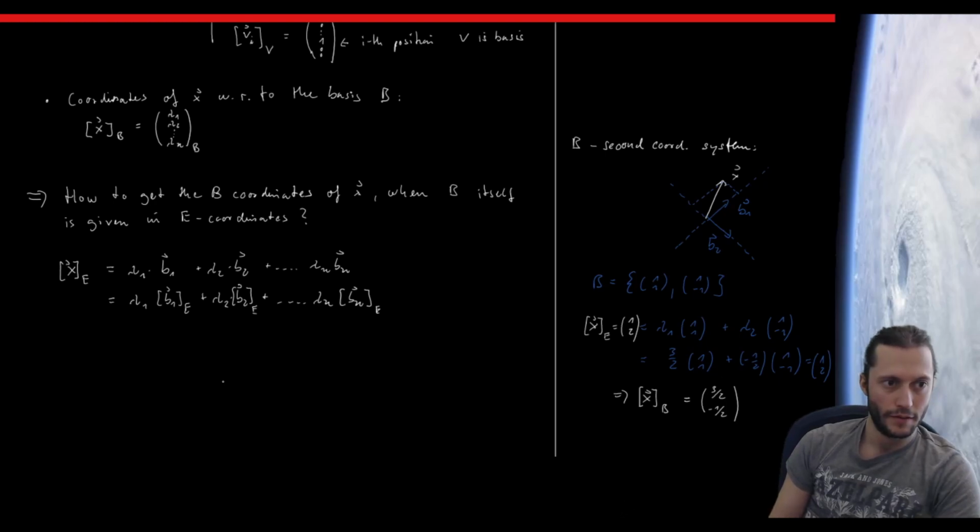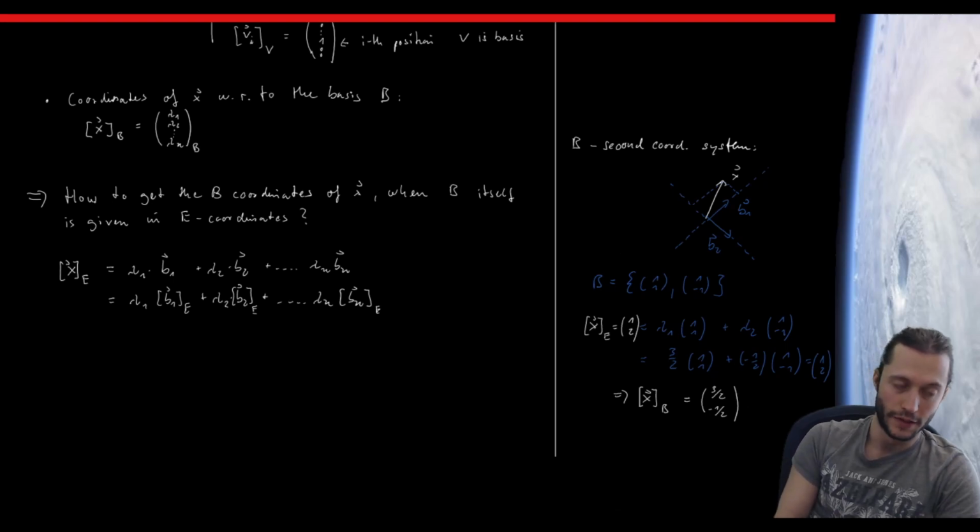Now this is like an equation we can solve. We did this in the easy example over here. We found the lambdas, and the lambdas written in a column give us the coordinates of x with respect to b, which was the question we're looking at. But what can we do from this expression if we do not just do it in our head like on the right side?